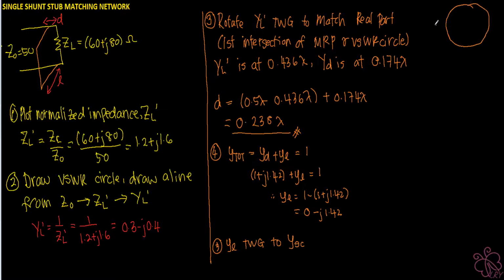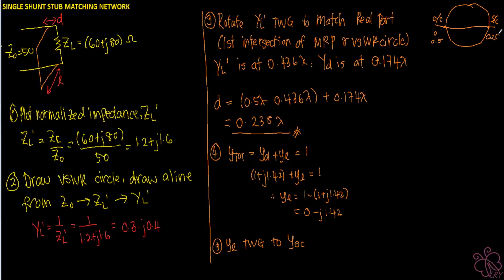This is our real part. The furthest towards the left is our open circuit, and the furthest point on the right is our short circuit. For open circuit it can be 0 or 0.5, and for short circuit it is 0.25.